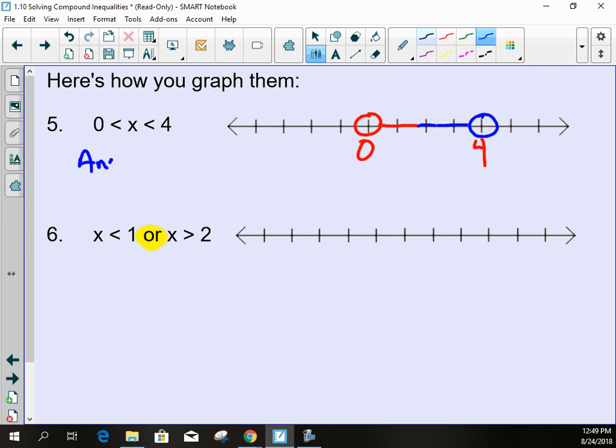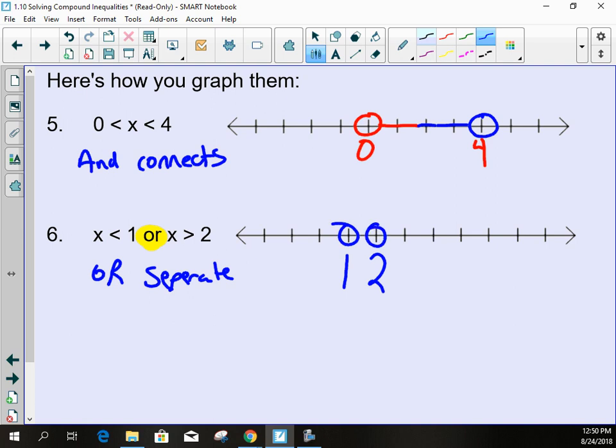And connects. Or separate. So here we go with the or. What are my numbers? I have a 1 and I have a 2. Is 1 open or closed? Open. Is 2 open or closed?